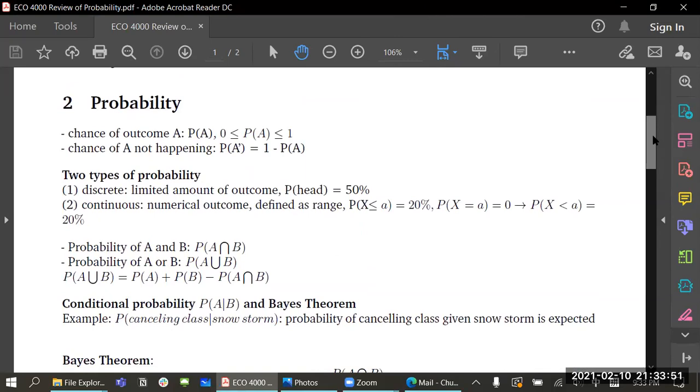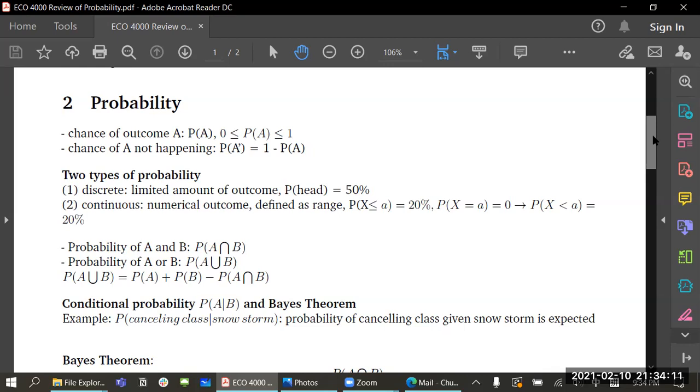For example, the chance of outcome A happening is called the probability of A, or P(A). Probability has to be a number between 0 and 1. It can be 0, it can be 1, but it cannot be smaller than 0 or larger than 1.